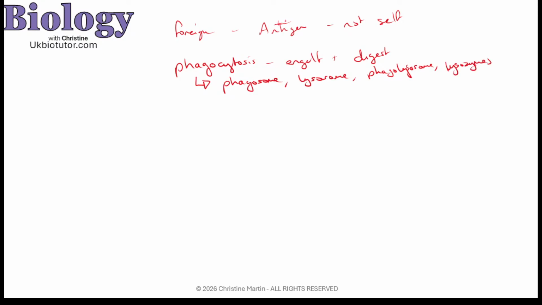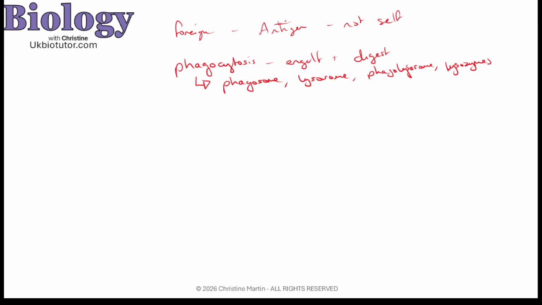So what I'm doing is I'm now getting my flashcard keywords. If I'm going to do phagocytosis, I need to talk about engulfing into a phagosome. Lysosomes containing lysozymes are then going to fuse with my phagosome. I've then got my phagolysosome. I'm going to digest, and that is going to break down the pathogen or the antigen.